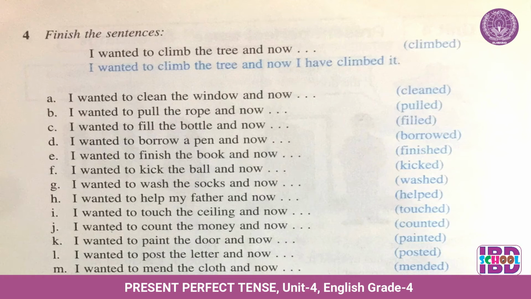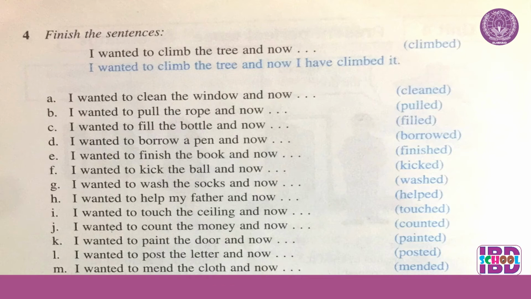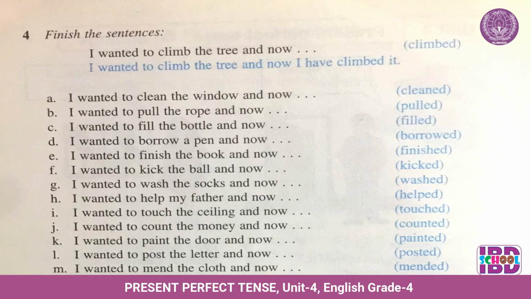K, I wanted to paint the door and now I have painted it. L, I wanted to post the letter and now I have posted it. M, I wanted to mend the cloth and now I have mended it. N, I wanted to visit my uncle and now I have visited it. Students, you can do only 5 sentences in your copies.